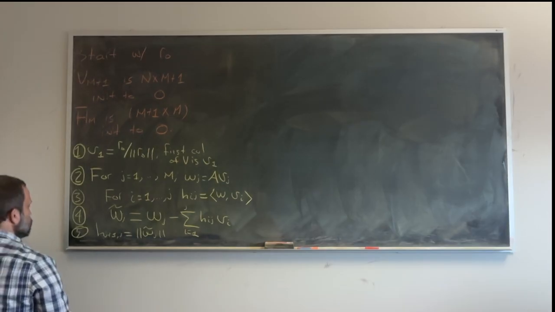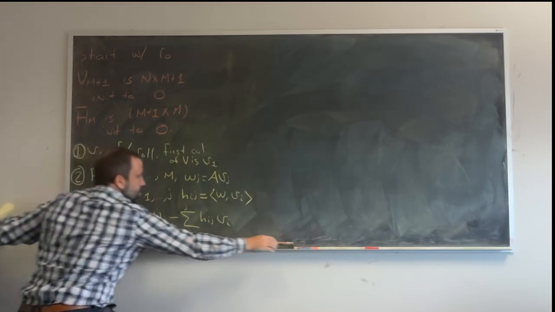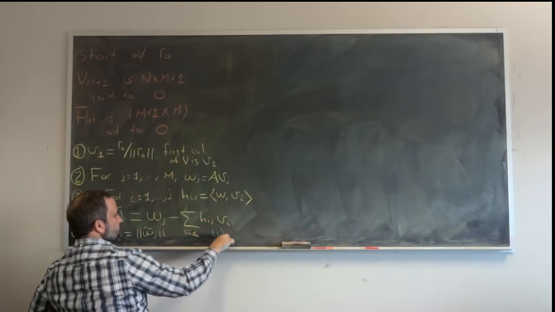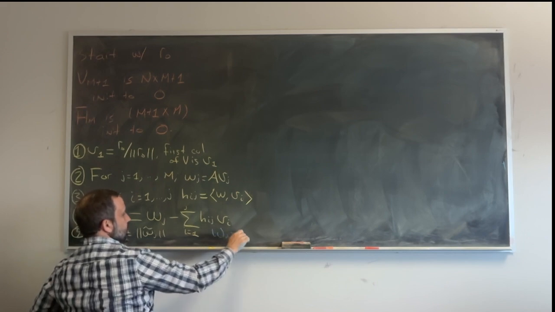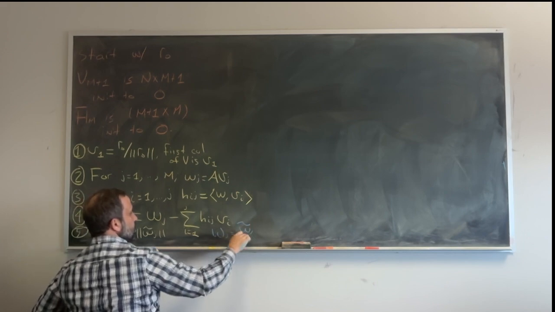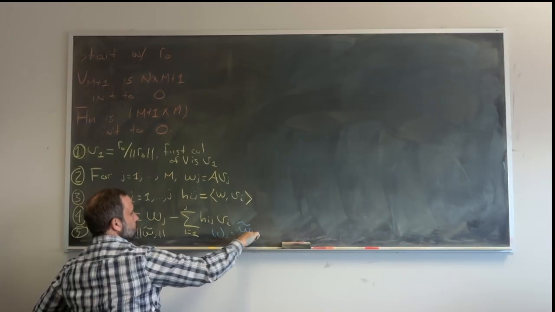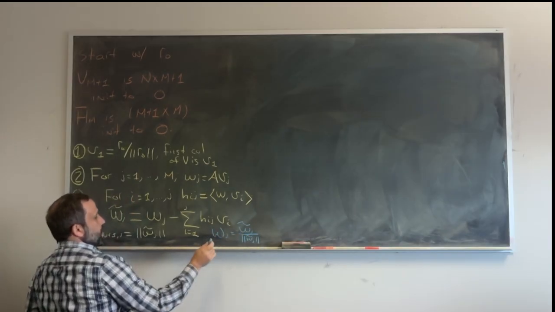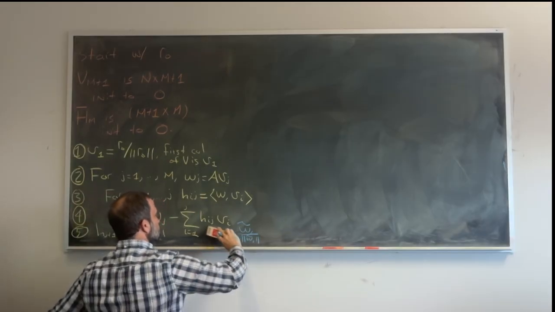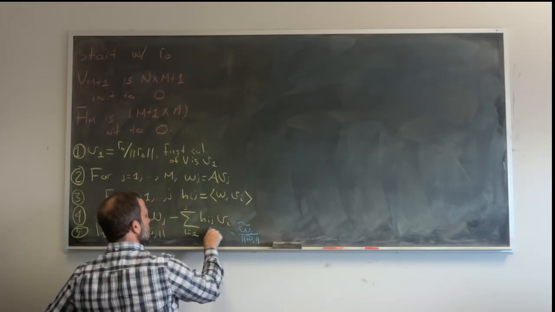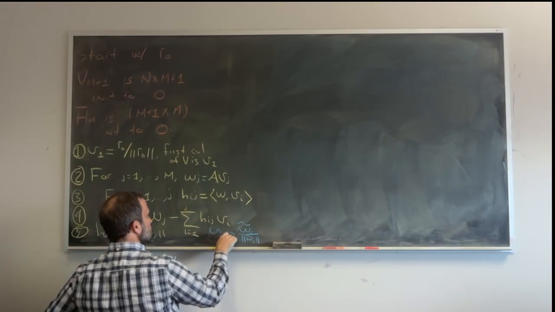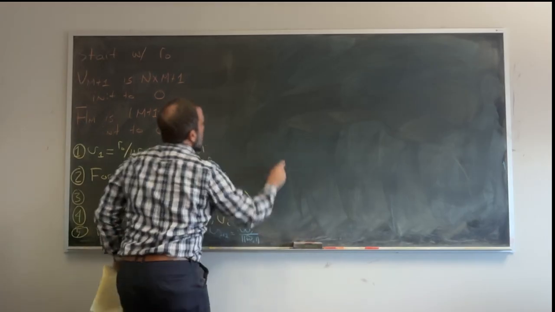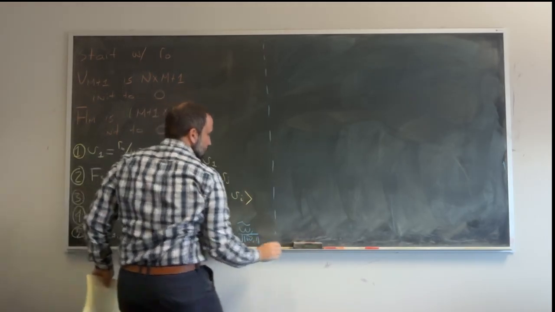And then the new vector v j plus 1 is going to be wj tilde divided by its magnitude. Okay.